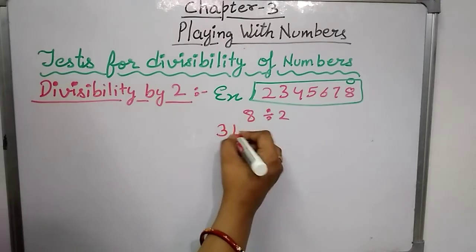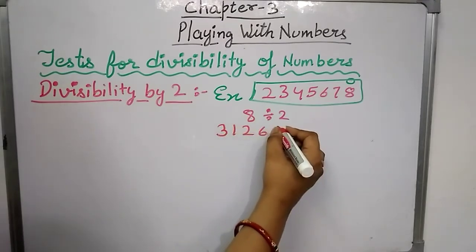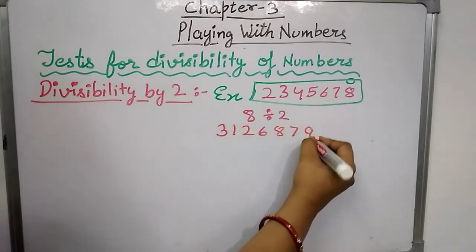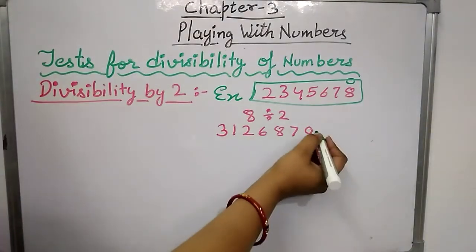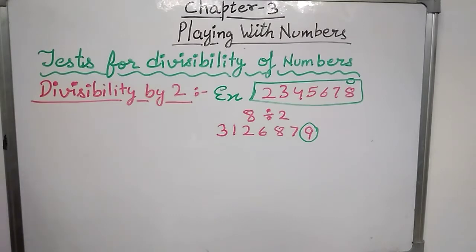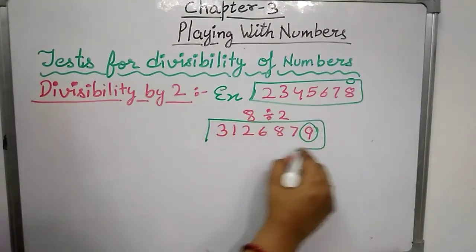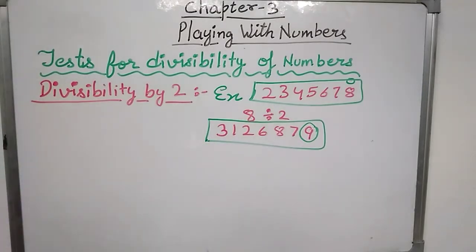Let's take another example. In this example, at the ones place, the digit is 9, and 9 is not divisible by 2. Hence, this number is also not divisible by 2.